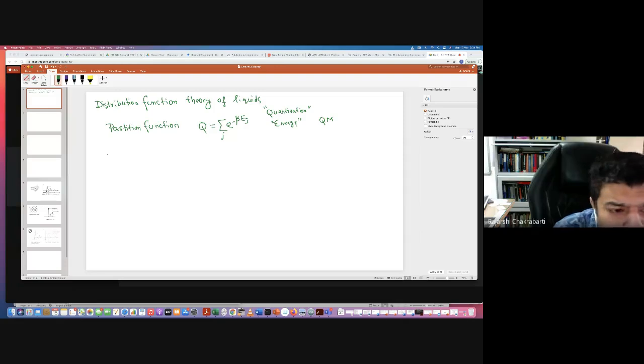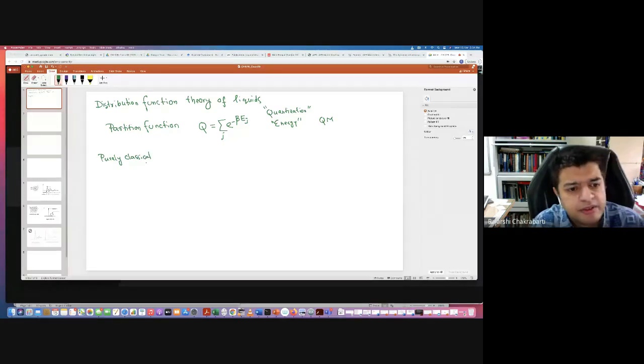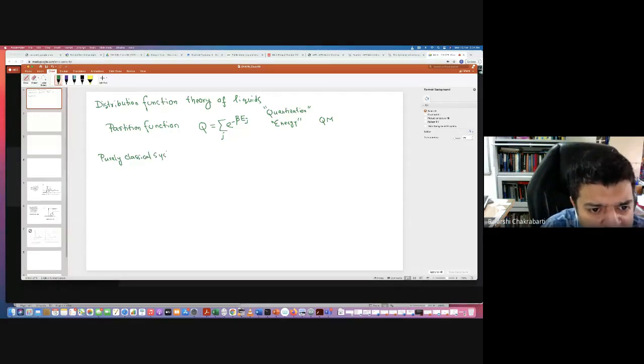But think of a purely classical system, because many times we actually mix quantum with classical in statistical mechanics. Now, if you have a purely classical system, the system is described by a Hamiltonian. H is the Hamiltonian of the system.